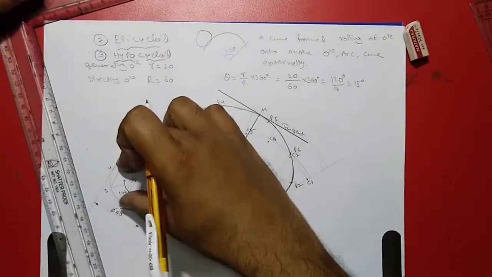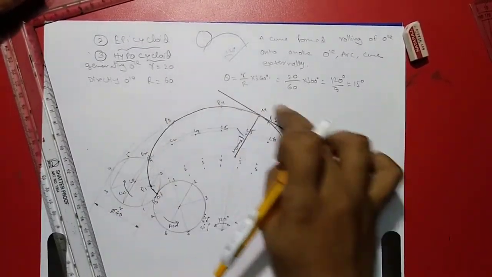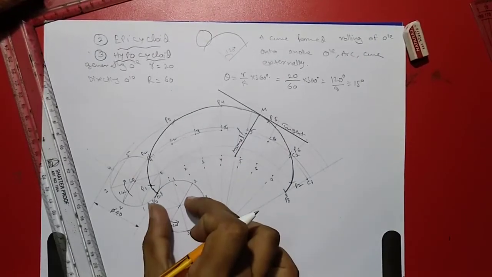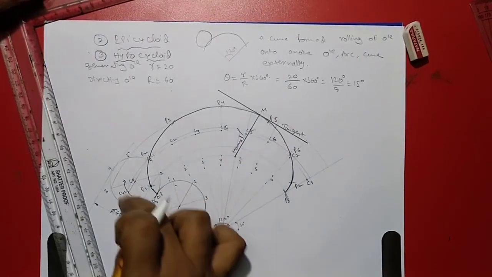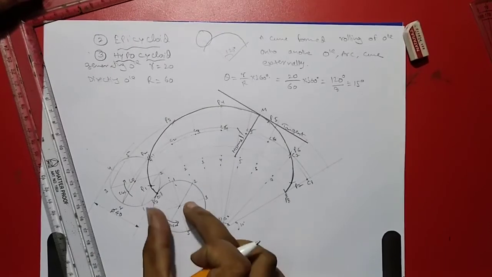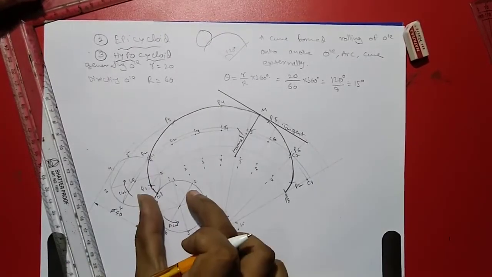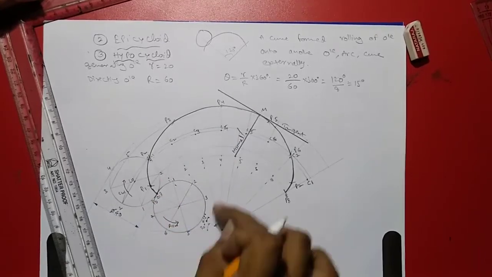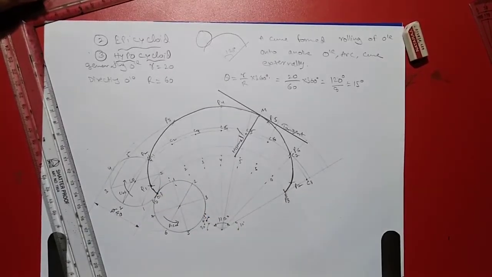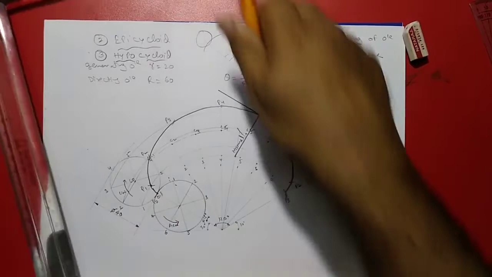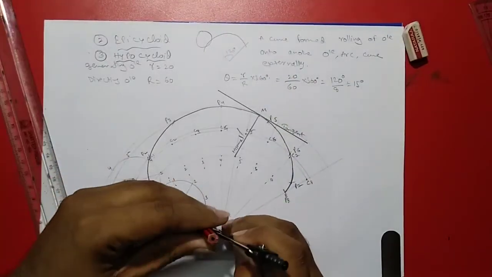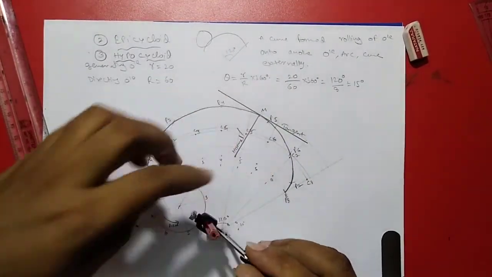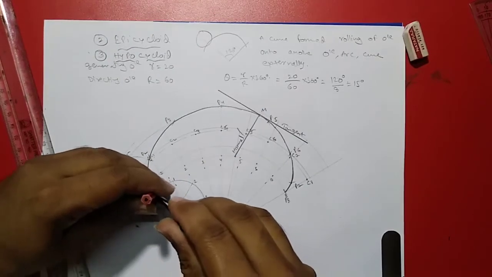If the circle is rolling the opposite way, then again it comes outside, but it should not come out, it should roll inside. So anti-clockwise direction, and the circle is rolling in this manner. So already we have divided this, and simply we have to draw the locus arcs from each and every sector of the circle.